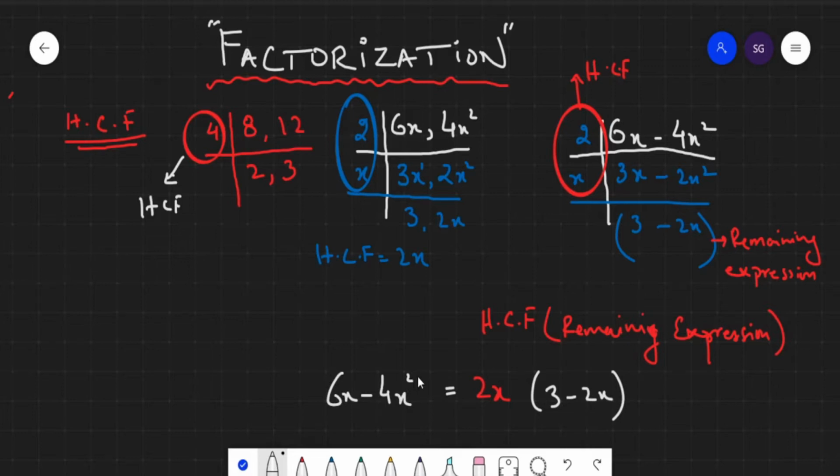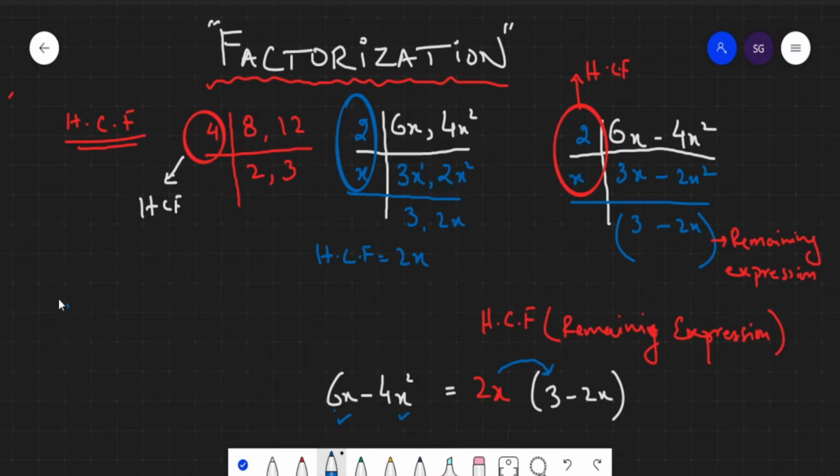It's always advisable that you check back by multiplying, so I'll give it a try and see if we get the same terms as the question. 2x times 3 gives us 6x, so that's correct. 2x times negative 2x is negative 4x squared, so that is also correct. So guys, this is a very basic technique: you take the HCF of all the terms. But what's important is that you must be very careful in deciding the numbers, the variables, and the signs.